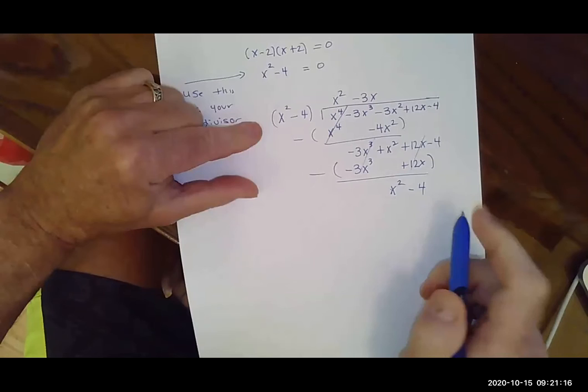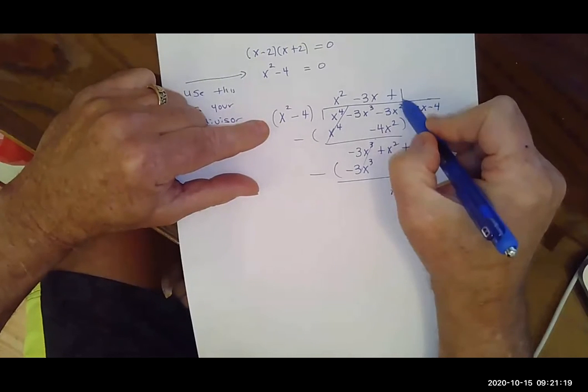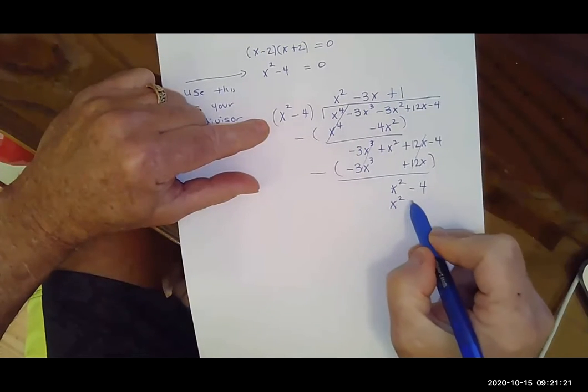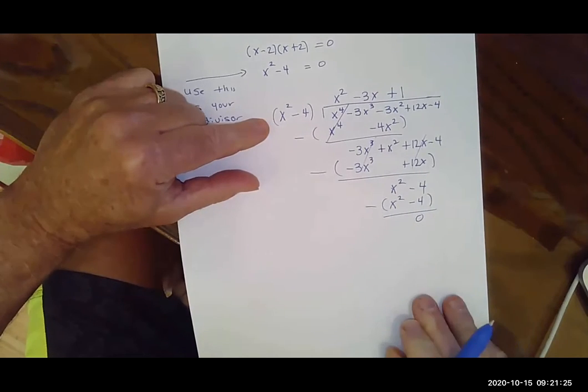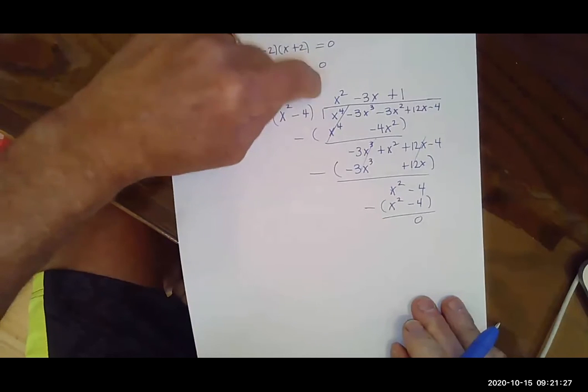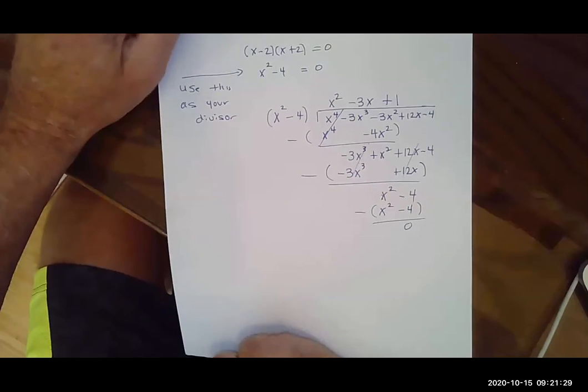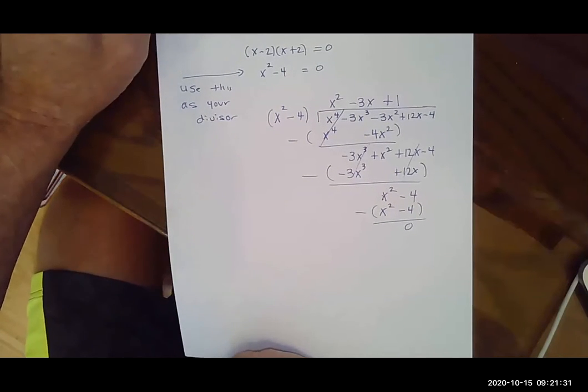And finally, a 1 plus a 1. And there you have it. This remainder is going to be 0. And there's your leftover. And you do the quadratic formula, which I've already done, to find your last two answers.